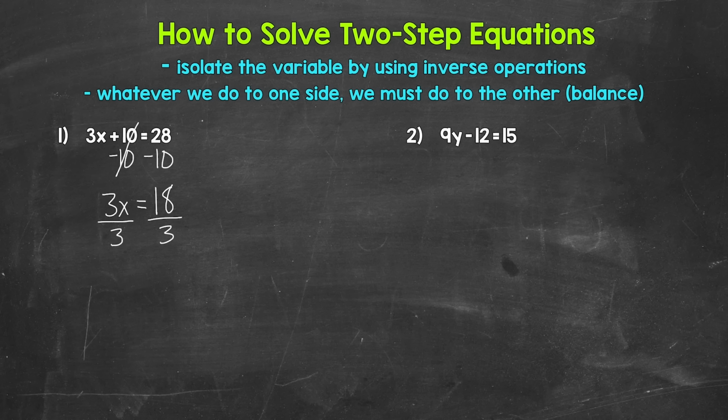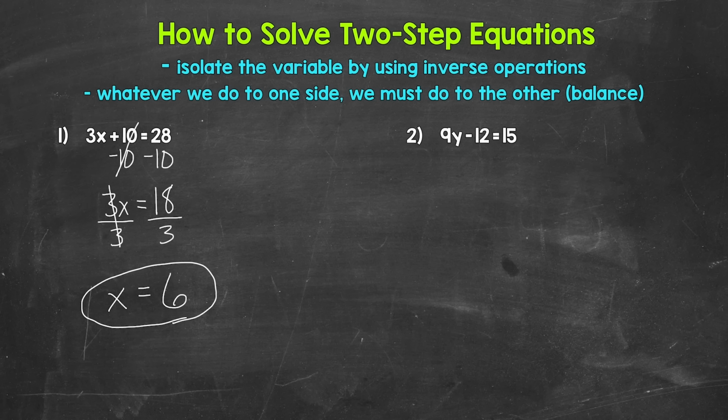On the left side of the equation, we are multiplying by 3 and dividing by 3, so these 3s cancel each other out. Now our variable, x, is isolated. So we have x equals, and then on the right side of the equation, 18 divided by 3 is 6. So x equals 6, and that's our solution.